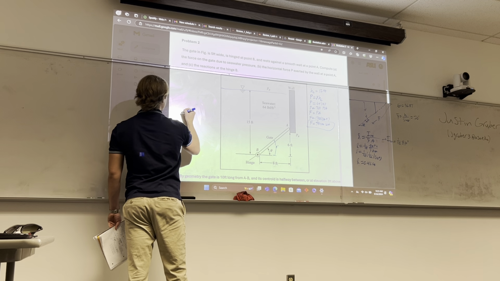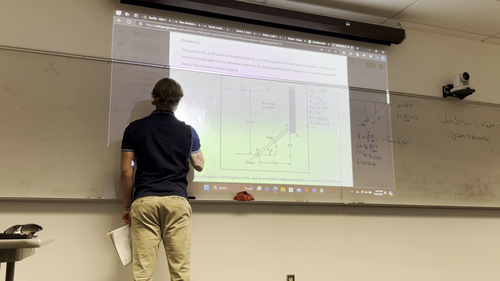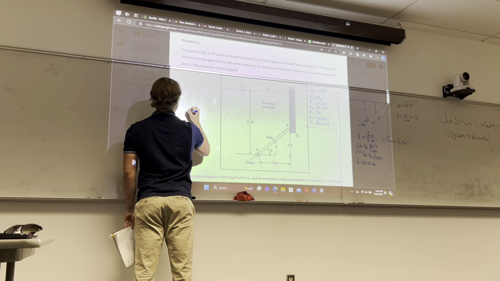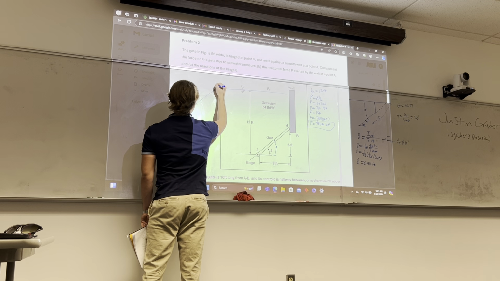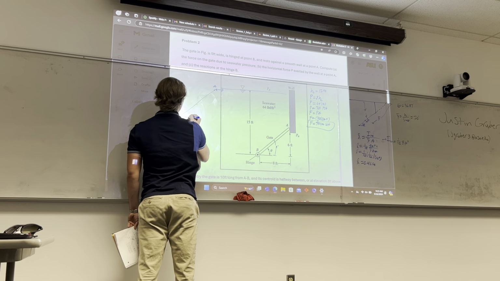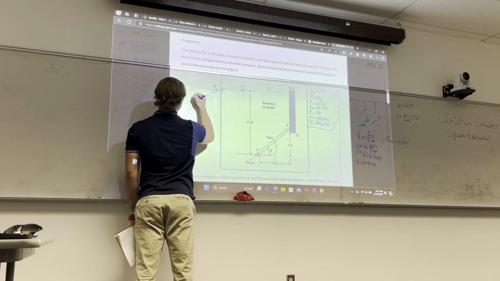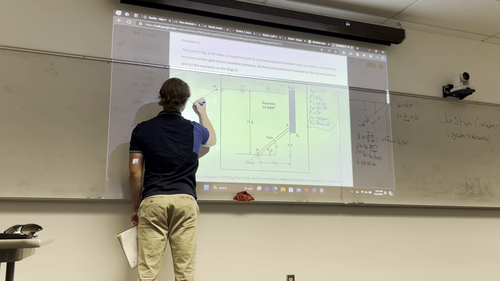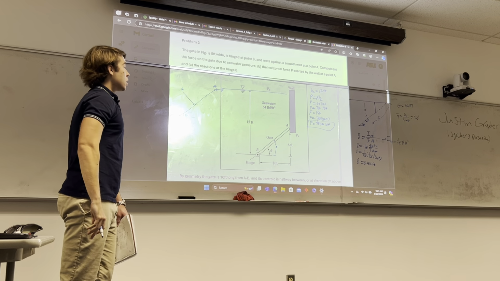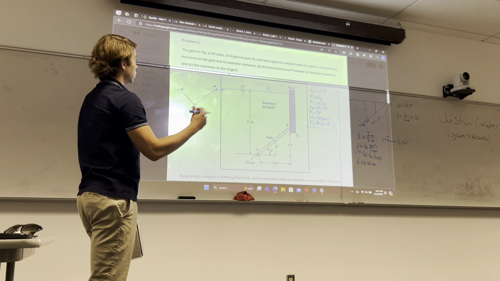So we've got Vy, Ex, gate, okay, P, got our angle theta, and then got our force acting right here. So for part B, we want to find the horizontal force.